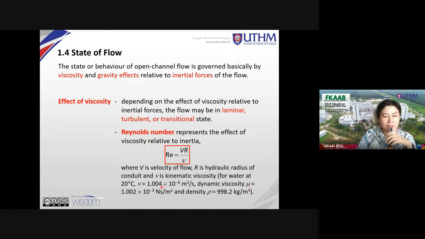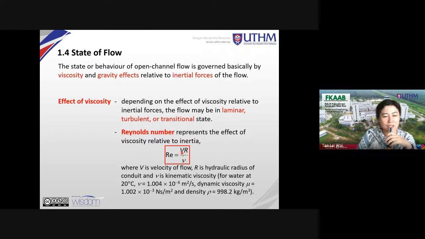All right. Now, Reynolds number is a dimensionless number. That means it doesn't have a unit, it doesn't have a dimension. So of course you can guess what unit nu would be.